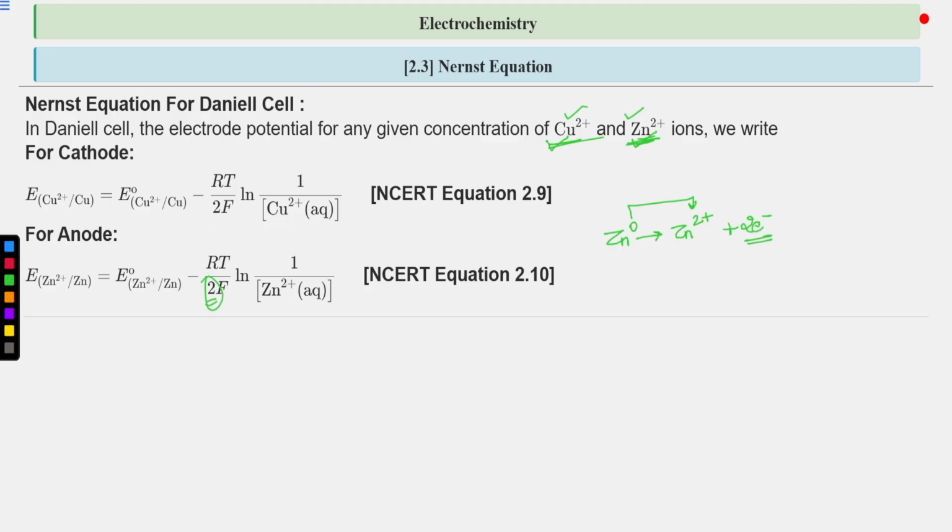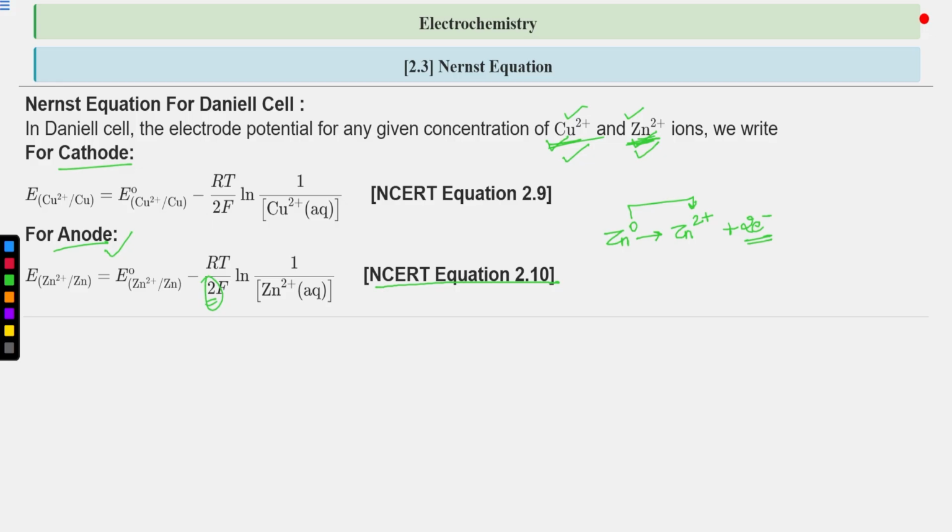Okay, so this is NCERT equation 2.10 marked in our electrochemistry chapter in the NCERT textbook. This is the anode Nernst equation. We are talking about the Daniell cell where we have copper and zinc electrodes, and at the cathode we have the reduction process. At the anode we have the oxidation process.